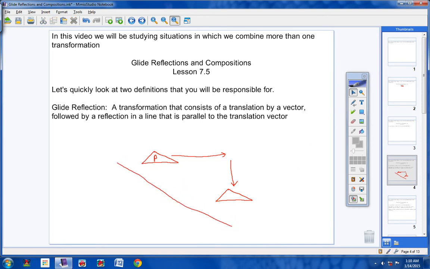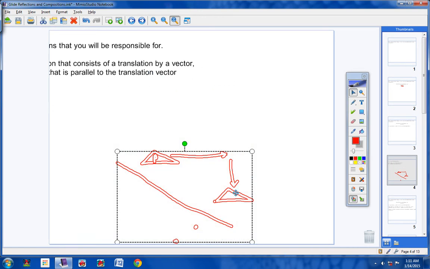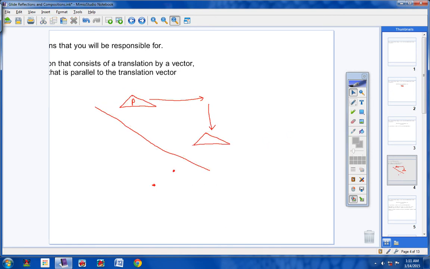So I have it here. If we were to reflect this in this line here, this point is so far from here, so it's here. This point is about that distance, so it would be over here somewhere. And then this point is that far away. I'm really running out of room here, so it's hard to do this. But this point is that distance away, so I go that same distance and put a point there.